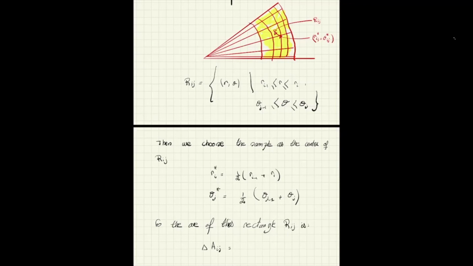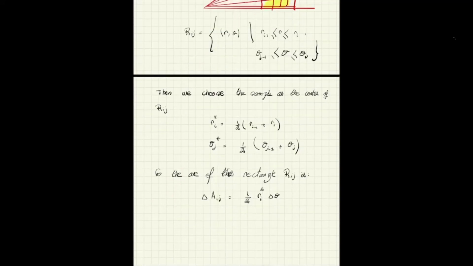So what we do is we subtract. What is the area of a section of a circle? It's 1/2 r_i squared times delta theta, right? And if you have a radius, let me just explain this a bit more.